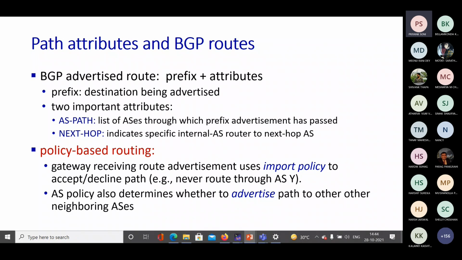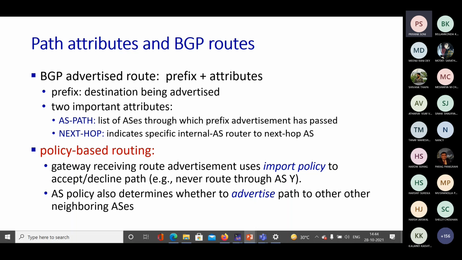For example, never route through a given AS. So the gateway receives some route advertisement, and from this advertisement it takes a decision whether to accept or decline the given path. We are using different policies for routing the information.